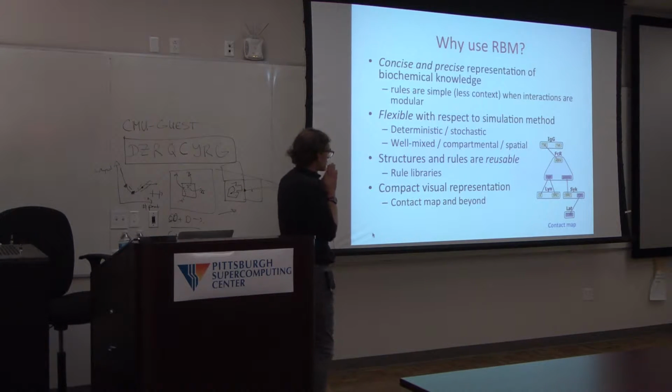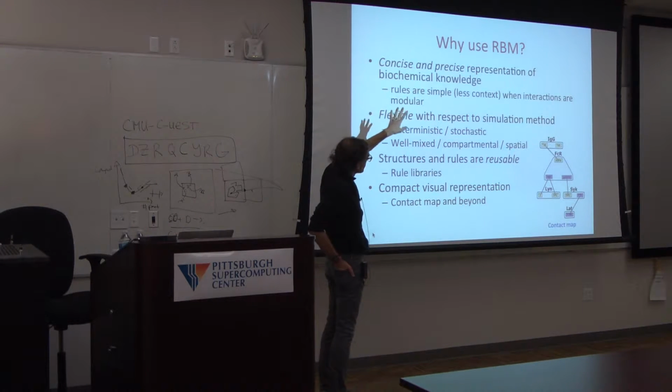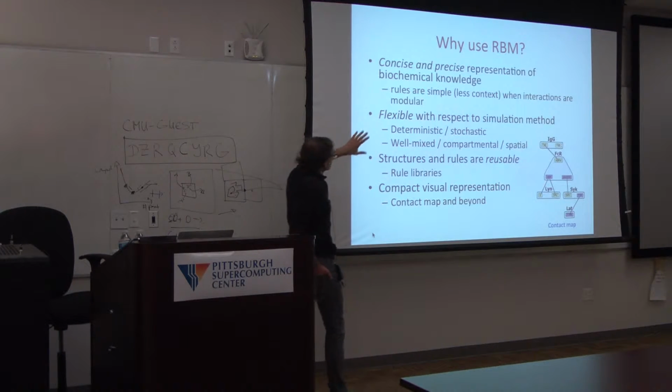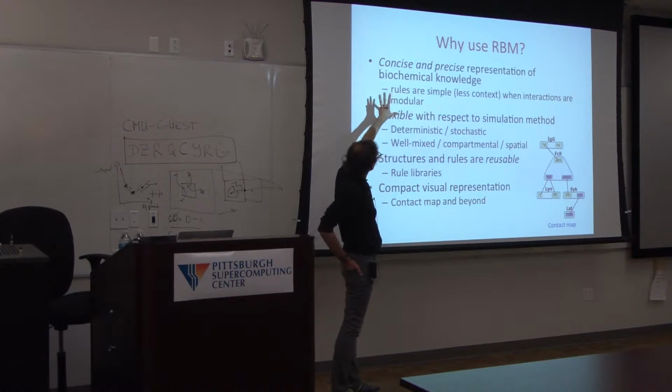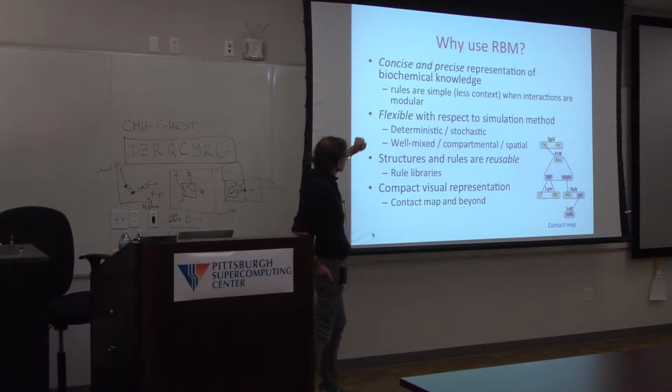Okay, so let me just summarize what we've really talked about so far. Why use rule-based modeling? Well, if we want to model complex biochemistry, these rules basically represent the simplest way to describe the interactions in a biomolecular system. So they're simple.